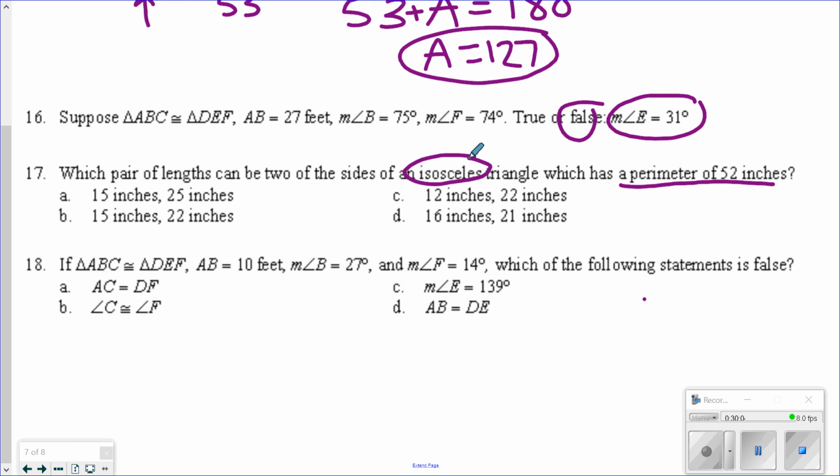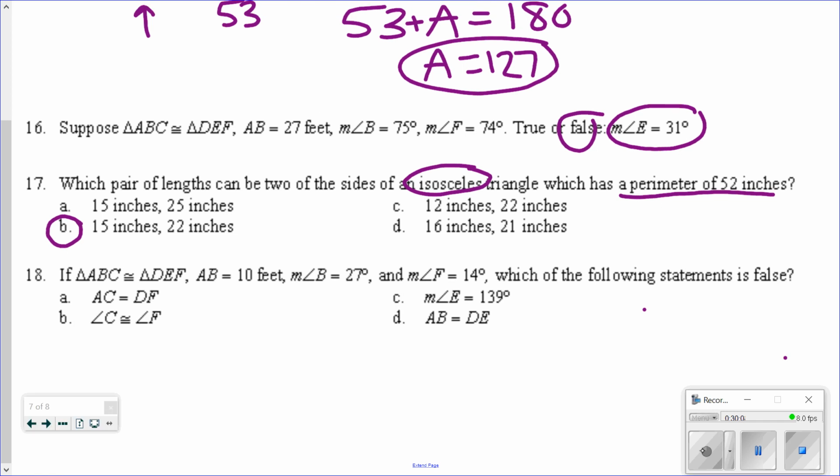So the only option that would work here is B. And this is why: if 15 is doubled, that would be 30. So 15 plus 15 is 30, plus 22 will give you a perimeter of 52 inches.